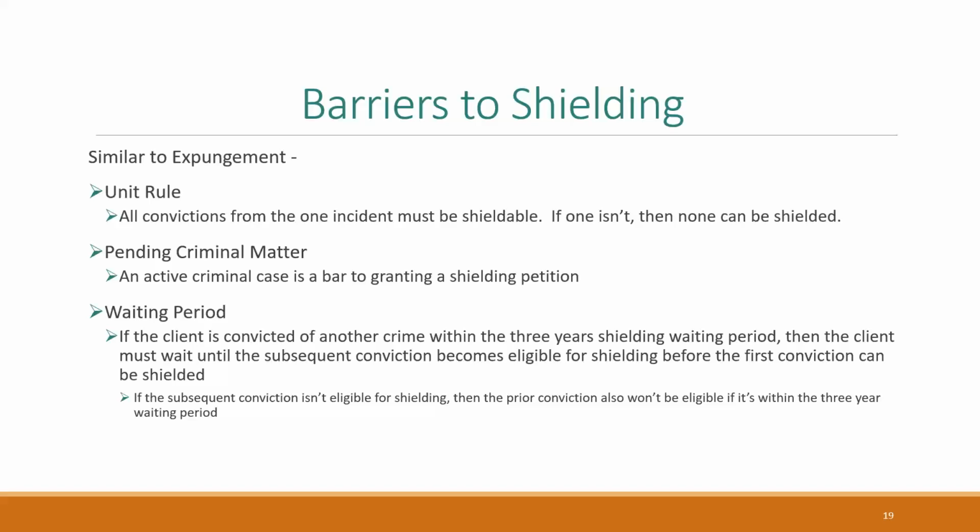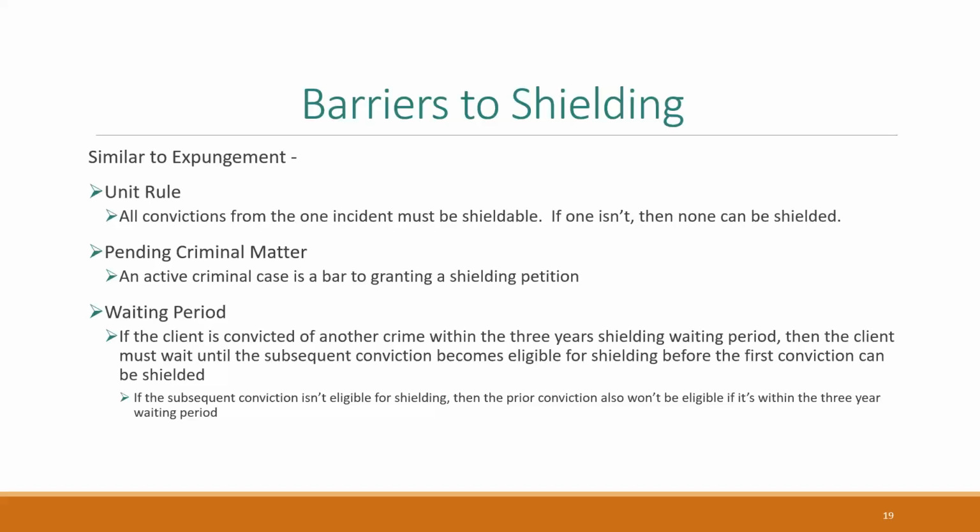In addition to the items we talked about already, there are some additional barriers, and these again are very similar to the expungement process. The unit rule applies just in the same way that it does for expungement. So if you have an item that's not shieldable, then none of it can be shielded.